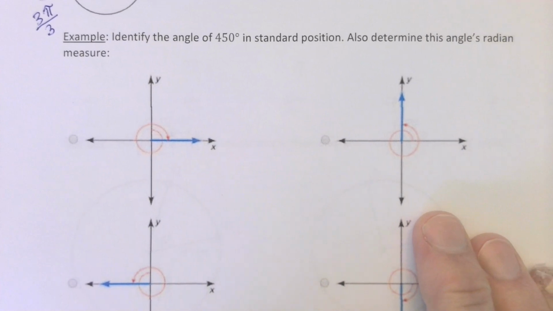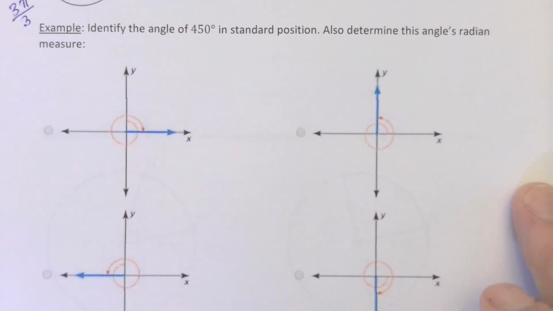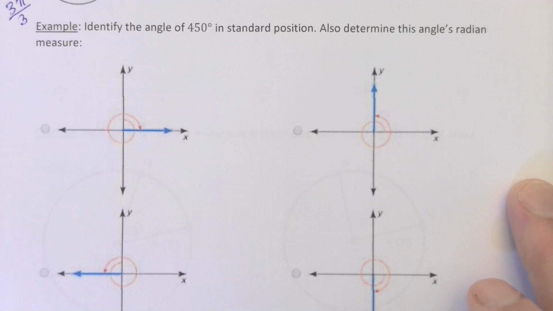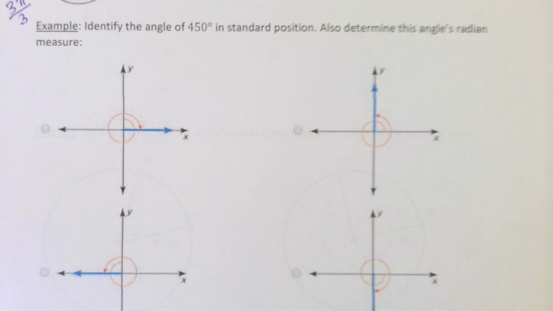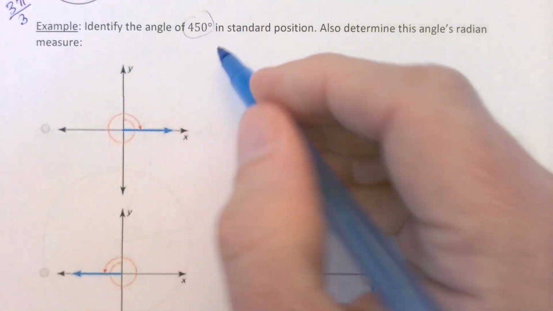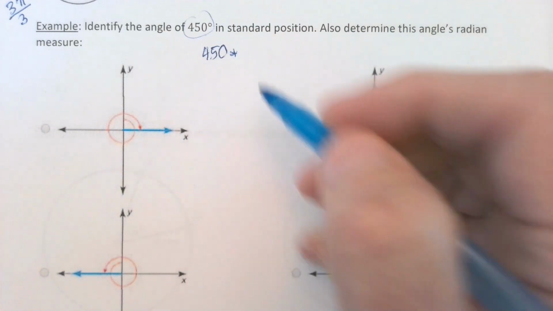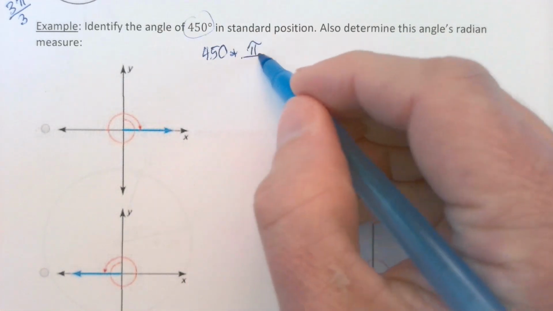Now, identify an angle that's 450 degrees and it must be in standard position. Determine the angle's radian measure. Well, let's get this part out of the way first, okay? 450 degrees, you want to get into radians. What do you do? You multiply by pi over 180.